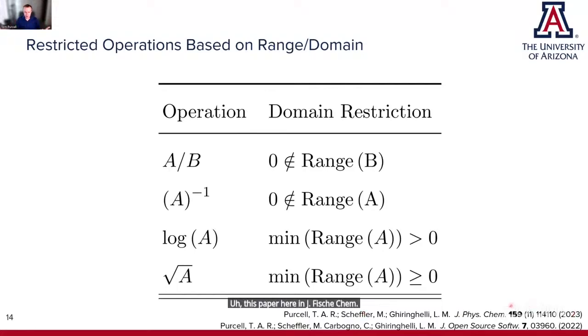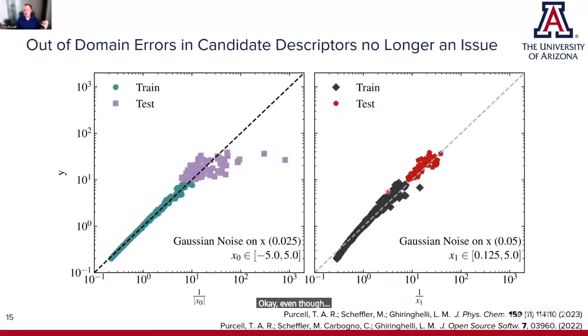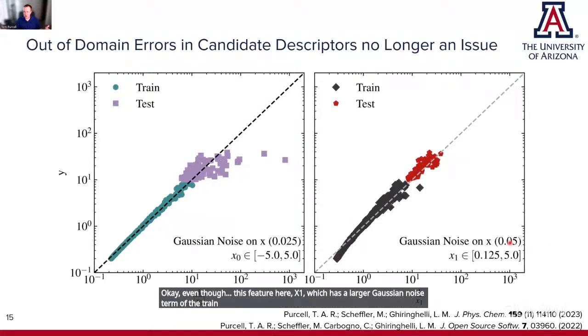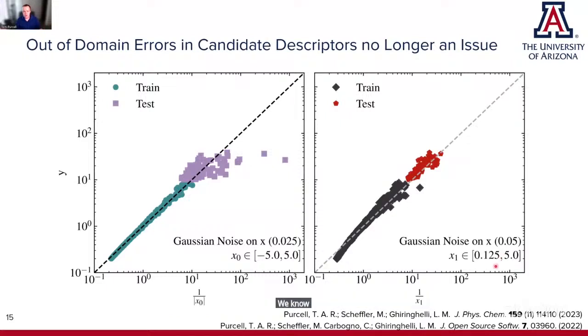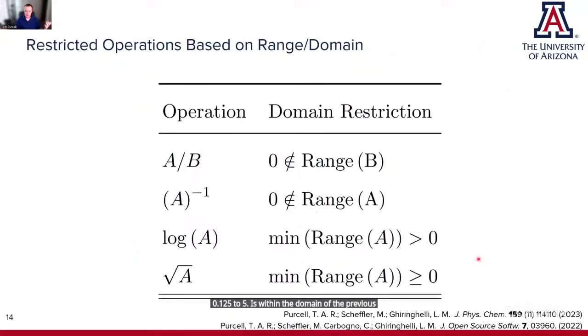And from this, we can now say that, okay, even though this feature here, x1, which has a larger Gaussian noise term in the training data, isn't as good, we know that the range of this particular input, 0.125 to 5, is within the domain of the previous operation shown here on this slide.